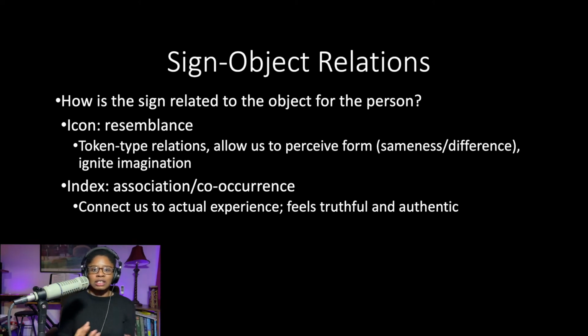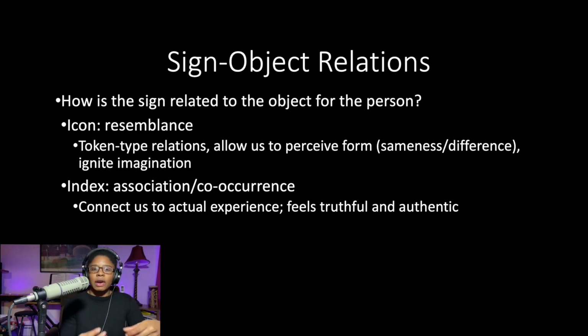So it's very similar to when you hear a song that you always used to dance to with a family member, and now every time you hear that song, you think about that family member. That's a great example of an index because no one else is going to have that kind of connection, right, between the song and this particular member of your family because they haven't experienced that, right? So that's a big difference between an icon and an index.